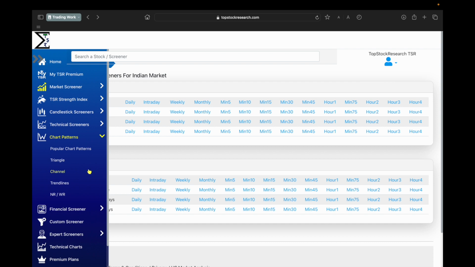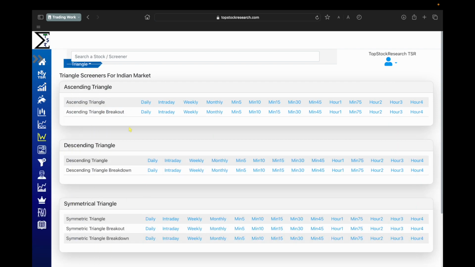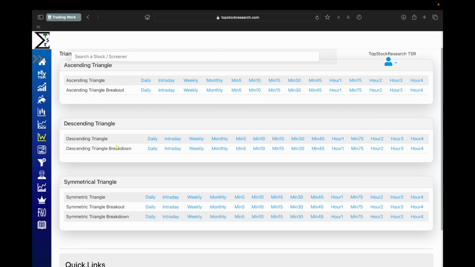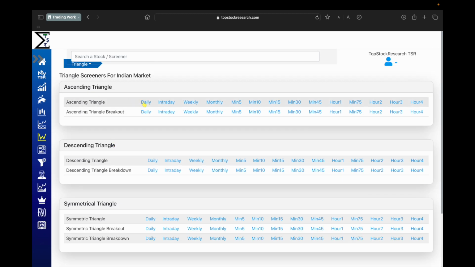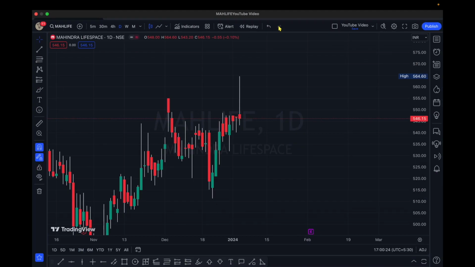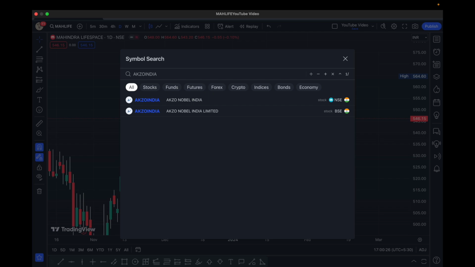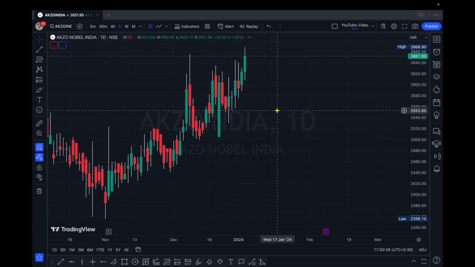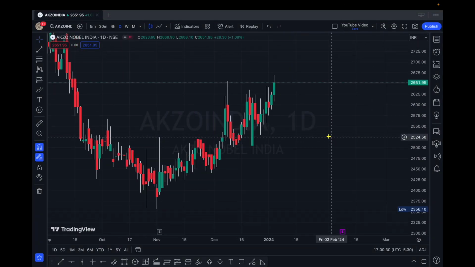Then the chart patterns, you can see the triangles. In the triangle area you can collect the details of ascending triangle, descending triangle, and symmetrical triangle. For example, for the ascending triangle you can see some charts which have an ascending triangle. Let me search about it: AKZO India. They said this chart has the ascending triangle.